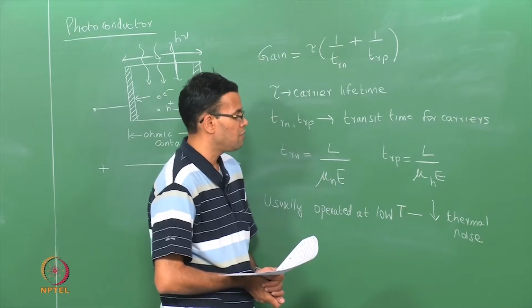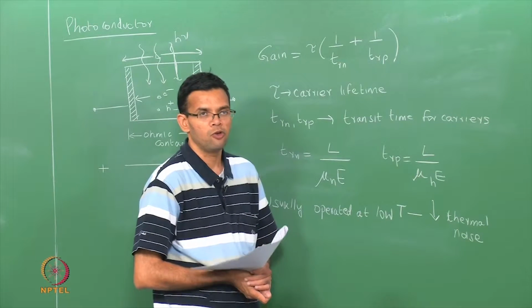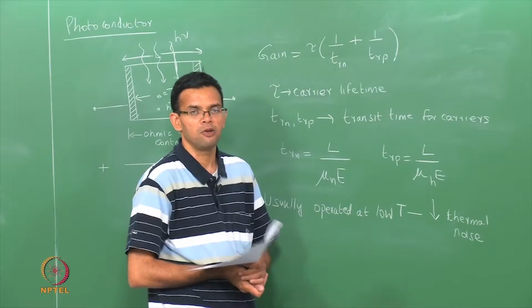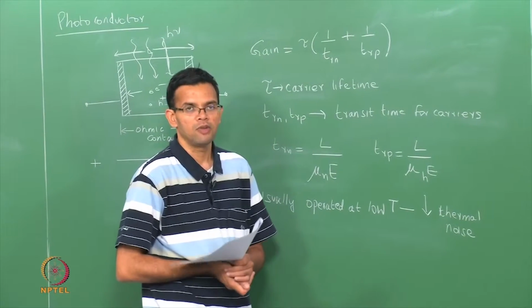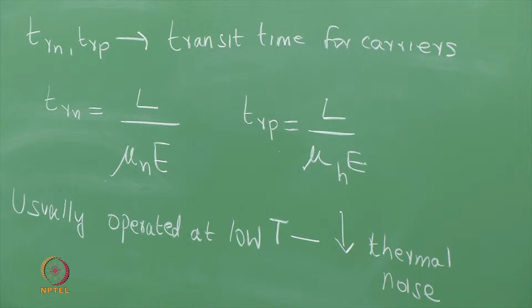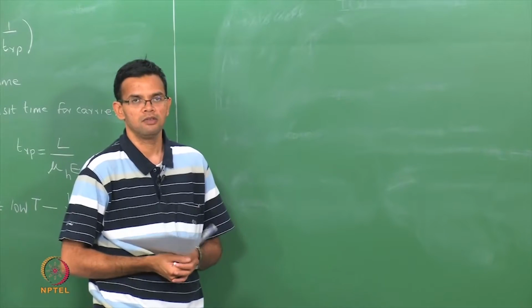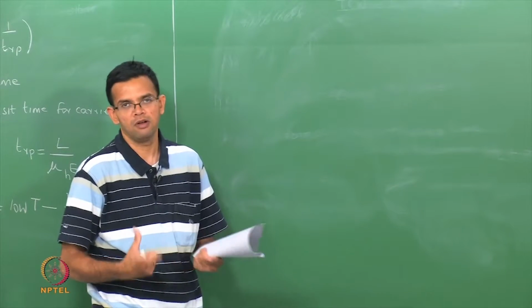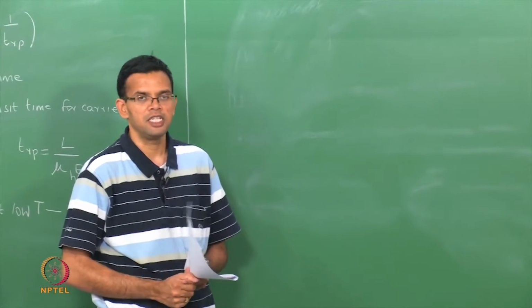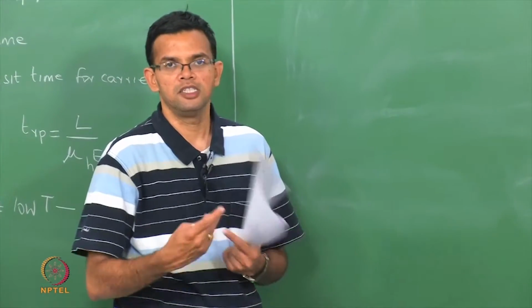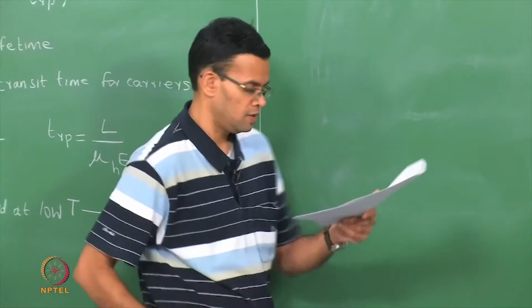The next device we are going to look at is a photodiode. Here you are going to put two different materials, a P and an N, in order to form a junction. In the case of a simple photoconductor, all we had was a slab of a semiconductor material. It could be silicon, it could be gallium arsenide, and then that just generated electron hole pairs.